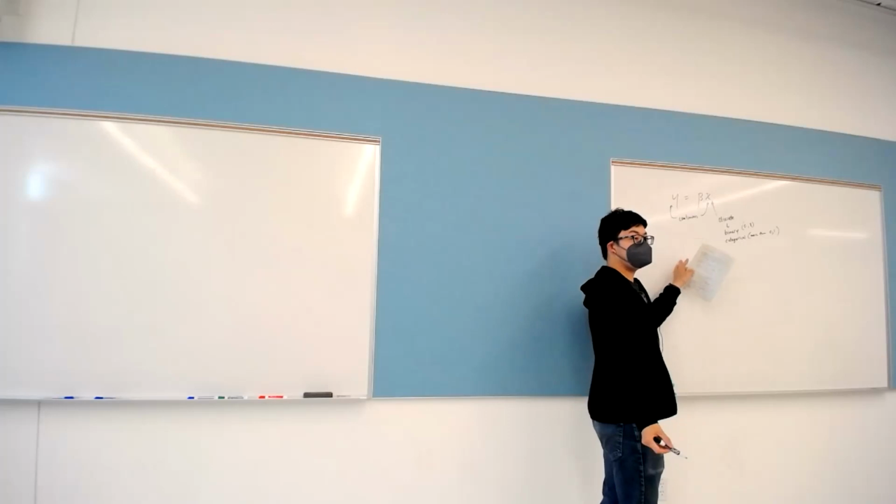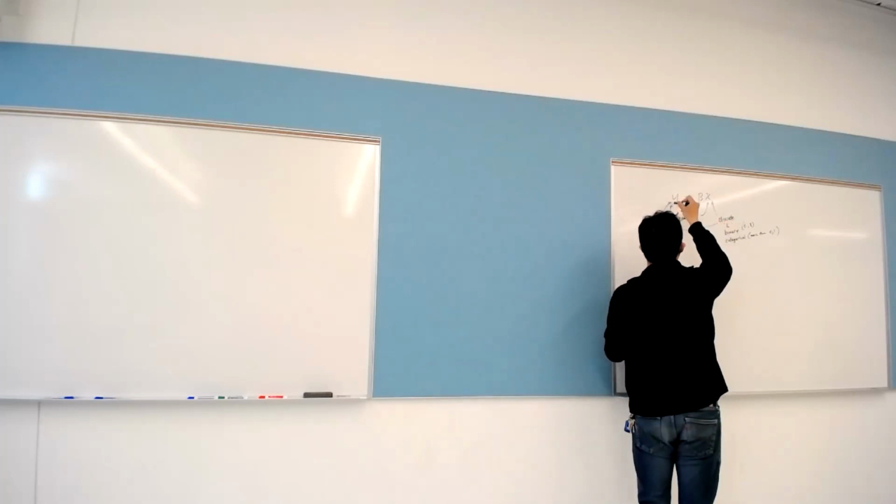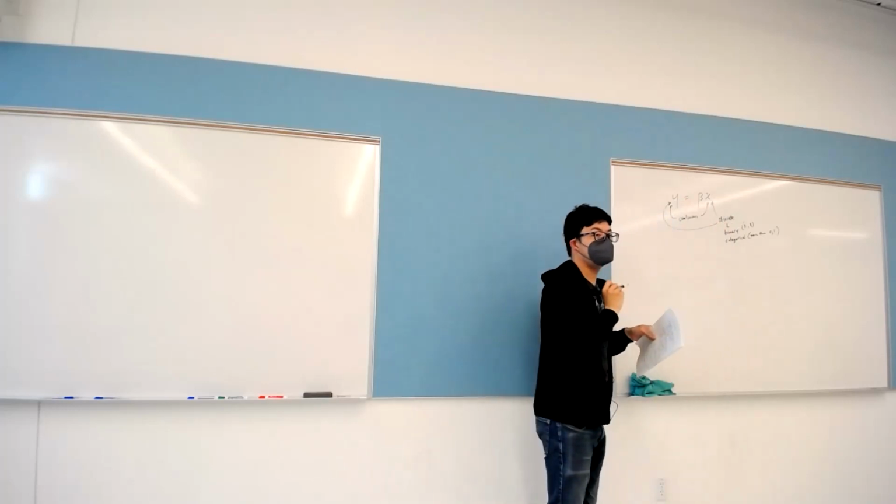Okay, so maybe you guys can guess what we're going to look at next. What happens if our y is discrete?